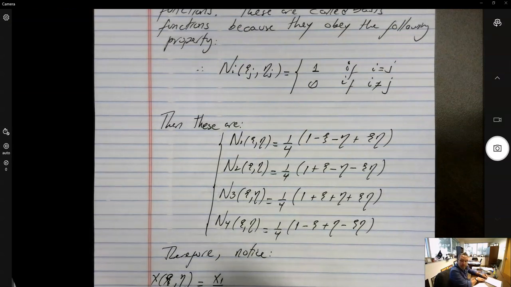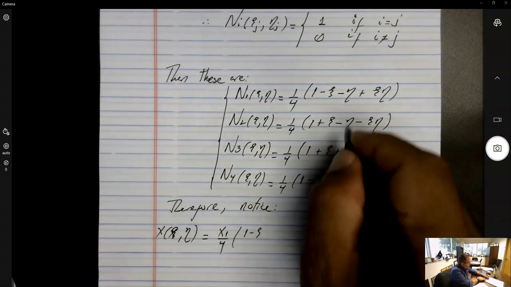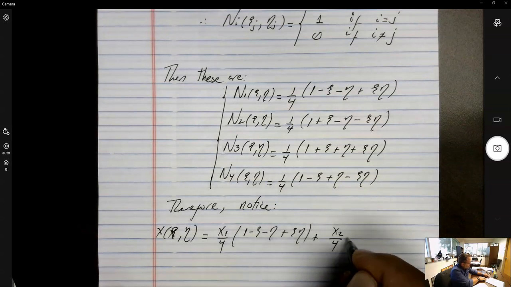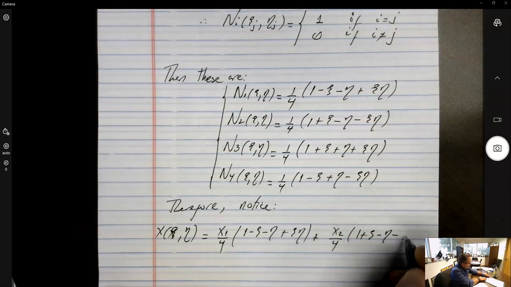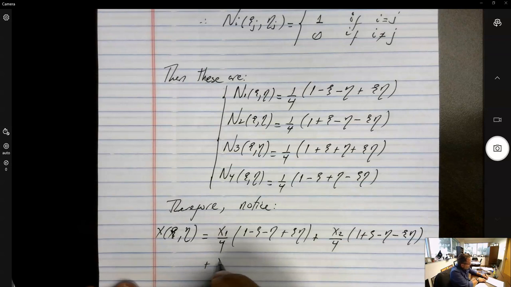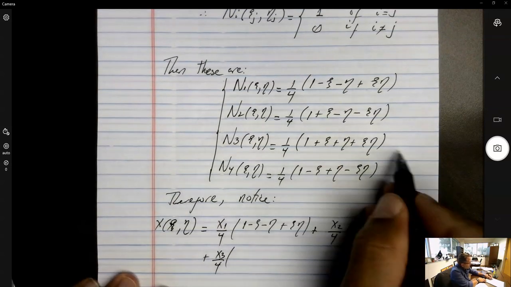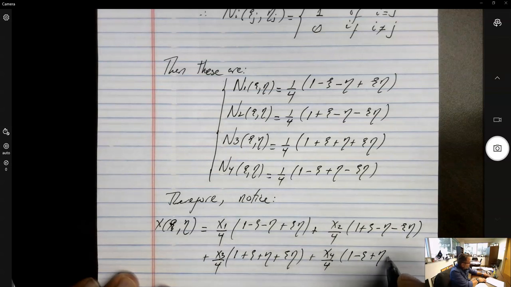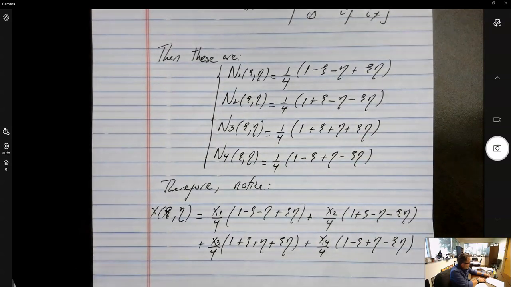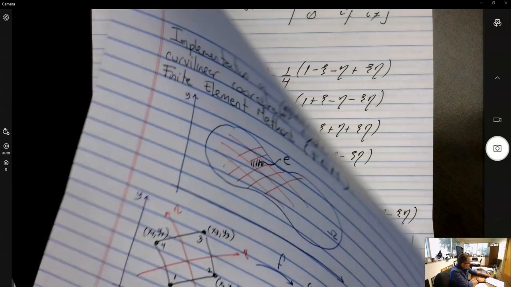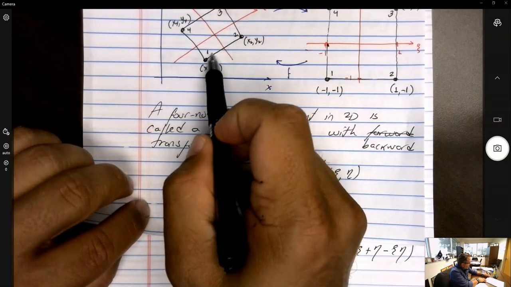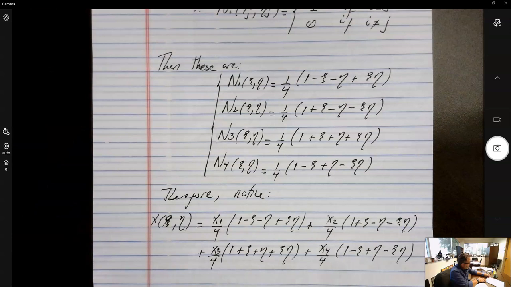So it's x1 divided by 4 times this relationship of psi and eta, plus x2 divided by 4 times (1 plus psi minus eta minus psi times eta), plus x3 divided by 4 times this basis function, well, the 4 is also part of the basis function, plus x4 divided by 4 times (1 minus psi plus eta minus psi times eta), right? And that would allow you to map the x-coordinate anywhere in the square into the global xy coordinate. At least the x coordinate; you can do the same thing for the y coordinate.